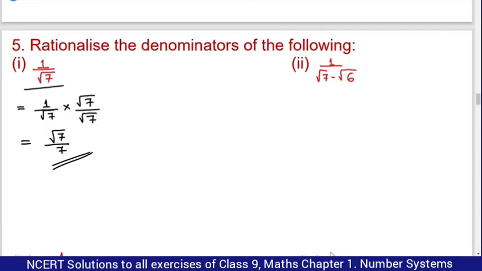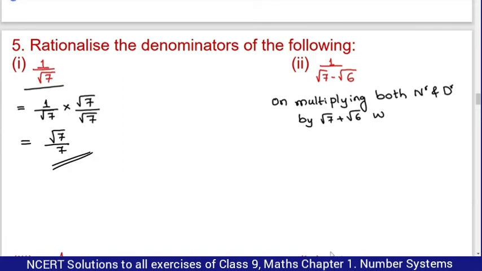Second one, 1 by (√7 − √6). For this one, on multiplying both numerator and denominator by (√7 + √6), we get 1 by (√7 − √6) into (√7 + √6) divided by (√7 + √6).